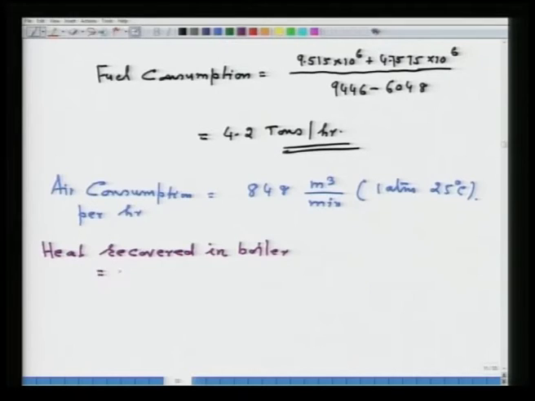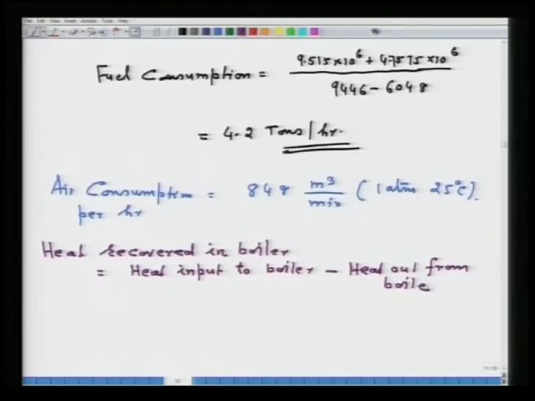Very simple, that is the heat input to the boiler minus the heat output from the boiler. That is the heat that is stored in the boiler.